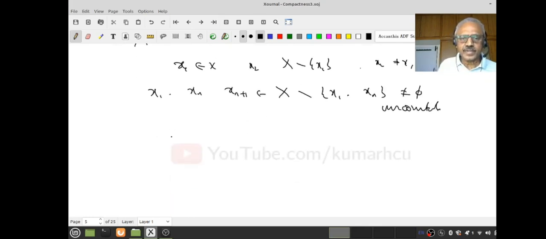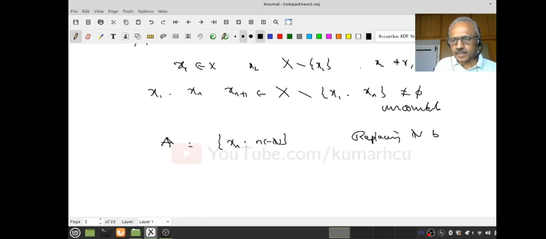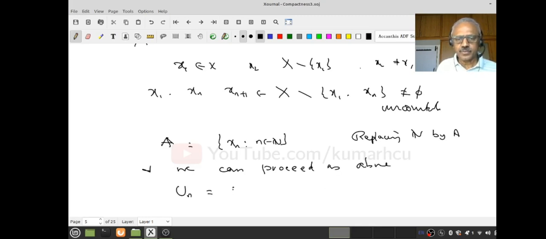Therefore, if I take A to be this set of xn as n varies, now replacing n by A, we can proceed as above. What will be your Un? Un will be X minus A union x1 to xn.